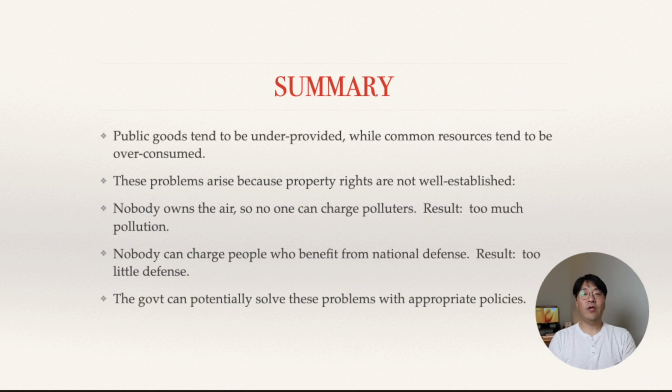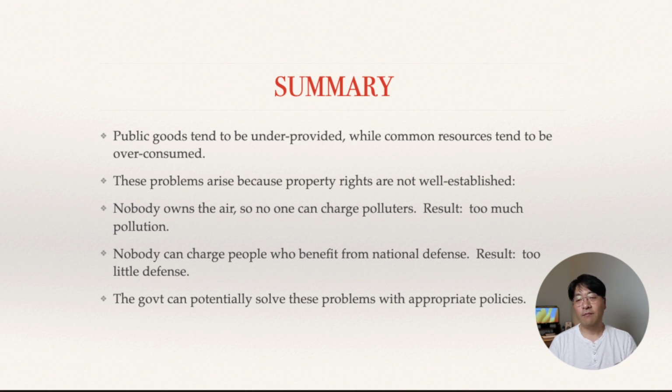So today we discussed the 4 categories of goods. Among them, today we are focusing more on public goods and common resources. So we discussed the free riding problem today, right? Once the price scheme is not working, everybody wants to enjoy it but doesn't want to pay for it.